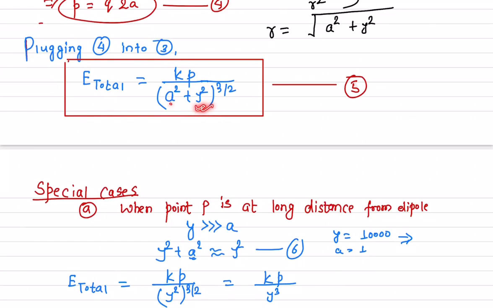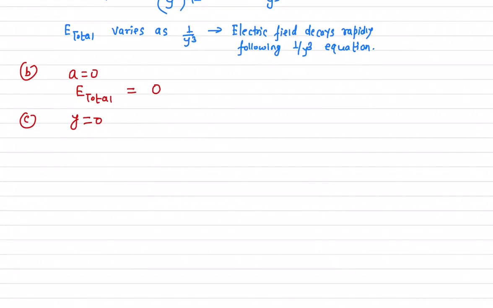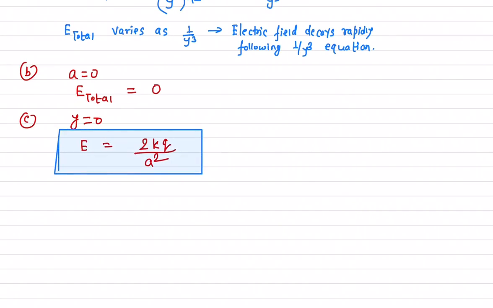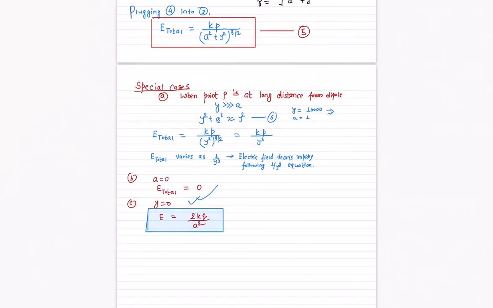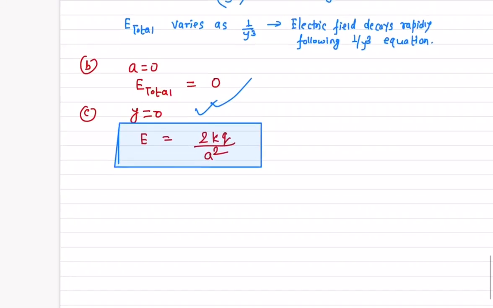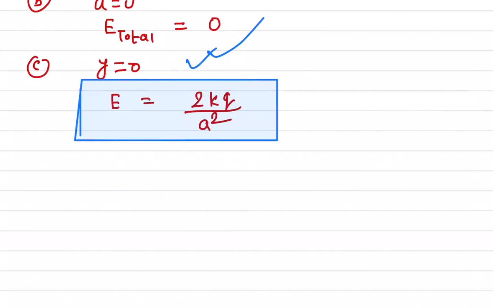When y equals 0, we will have simply (a squared) to the 3 over 2. So in this case, E equals 2kq over a squared. I'm just plugging y equals 0 into this equation.